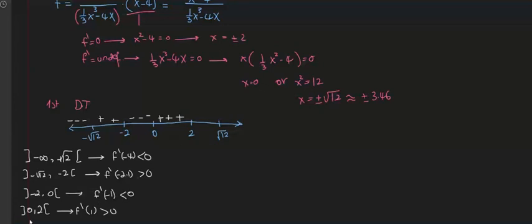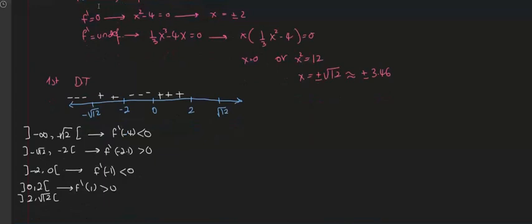And then finally, from 2 to the square root of 12, we might pick a point in this interval like 2.5. So f dash at 2.5 is going to be decreasing, less than 0.